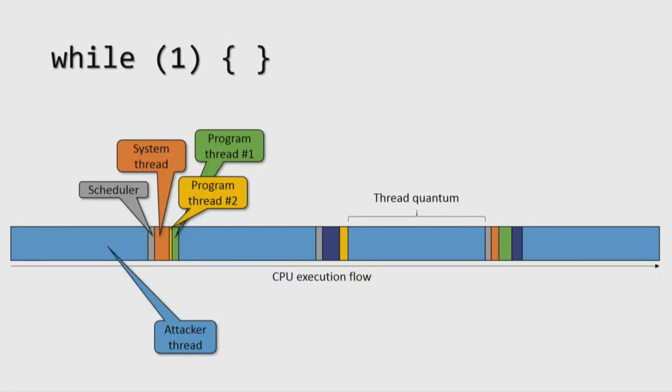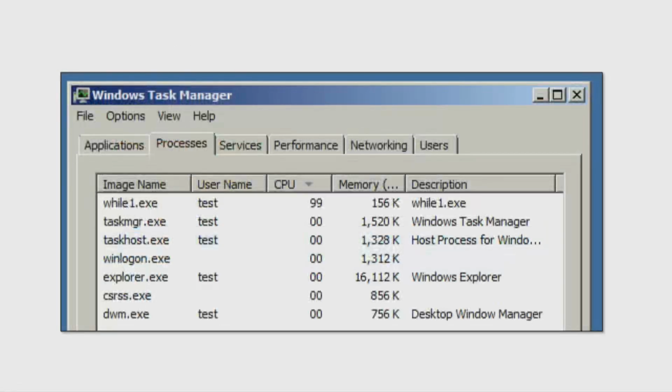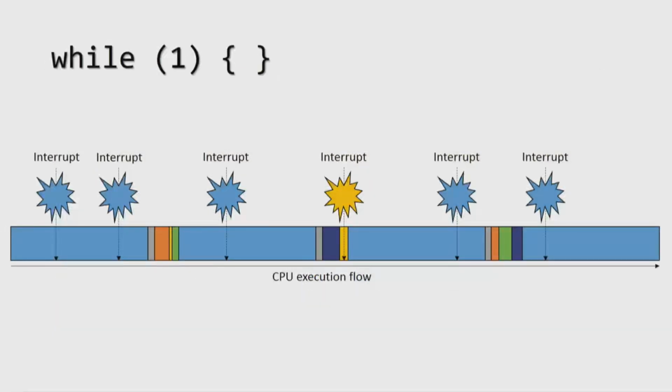You just have a thread which consumes a lot of CPU time, basically the whole thread quantum that it can, and it leaves very little space for the other threads that are executing in the system. So this is what it looks like in Task Manager. Just 99% of time is taken by our single application here. And the good thing about this is that then the interrupts start to occur within the context of our thread.